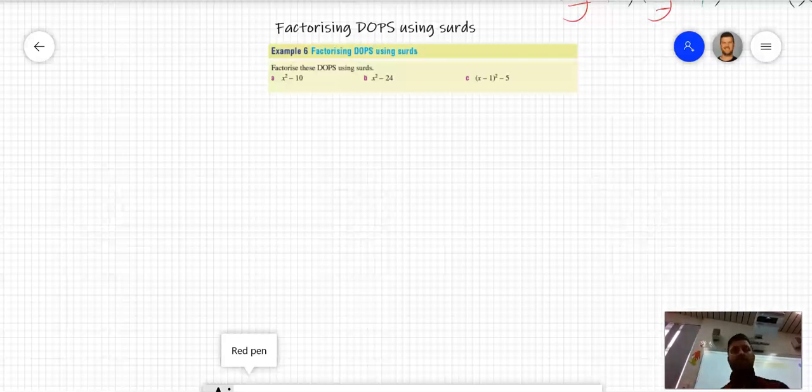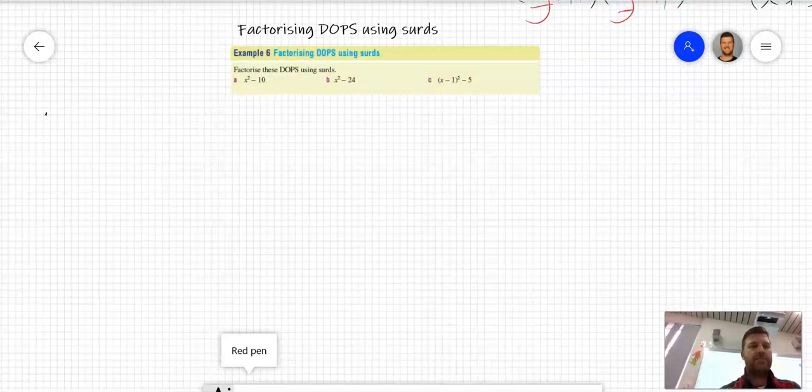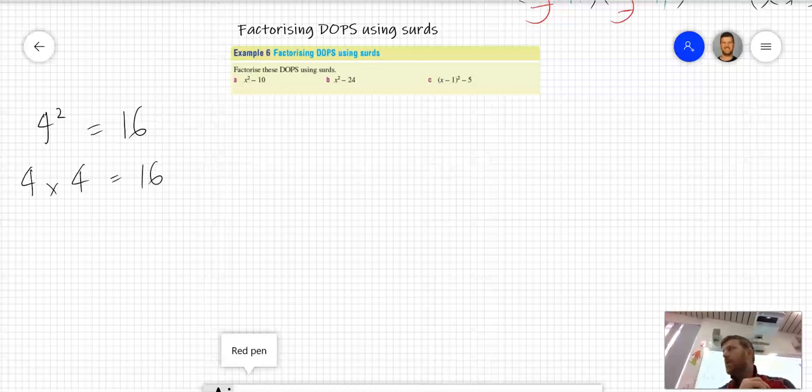So what we're going to do is leave it, in fact, what if I say it like this? We know that 4 squared is equal to what? 4 squared? 16, right? Which is 4 times 4 equals 16.